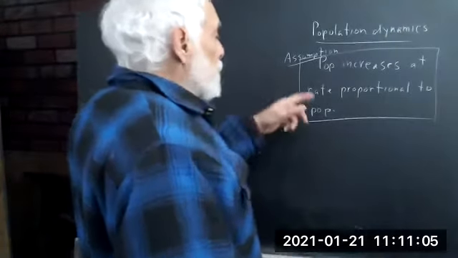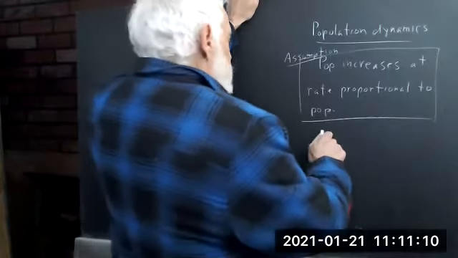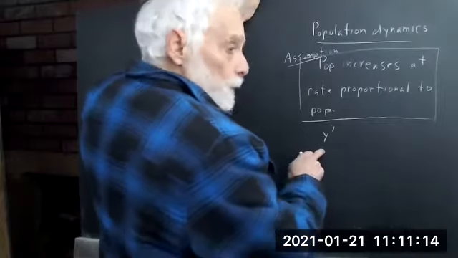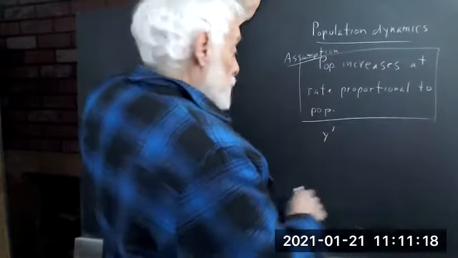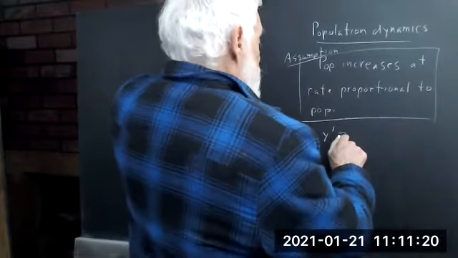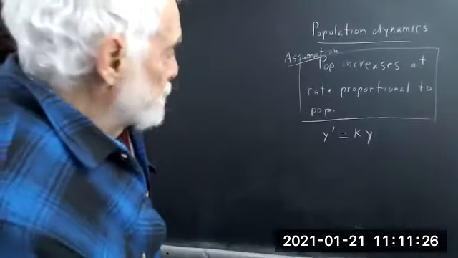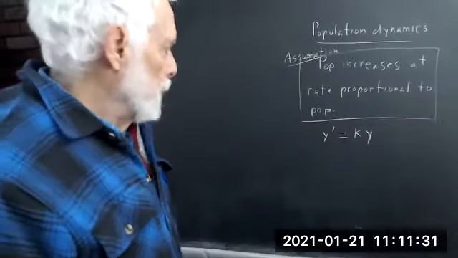So anyhow, your population increases at a rate proportional to population, which means the rate at which y increases is its derivative. And that's going to be some proportionality constant times your population.